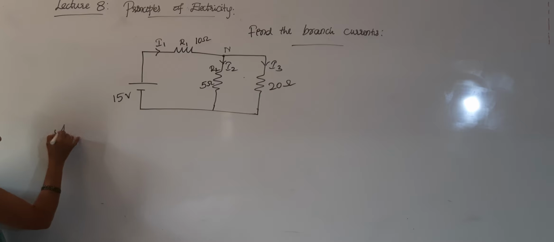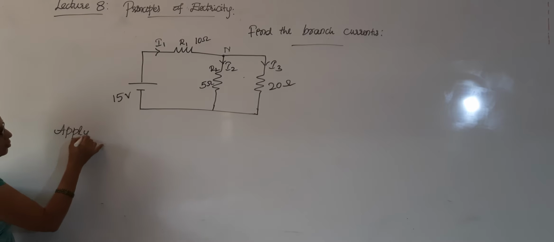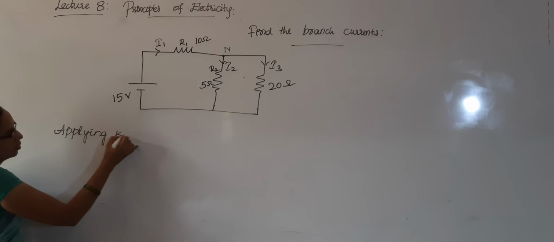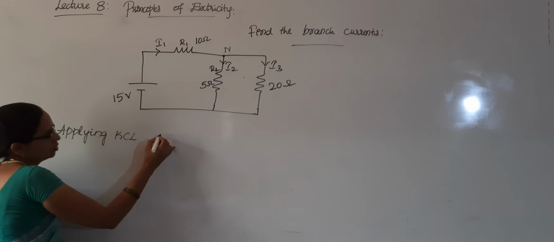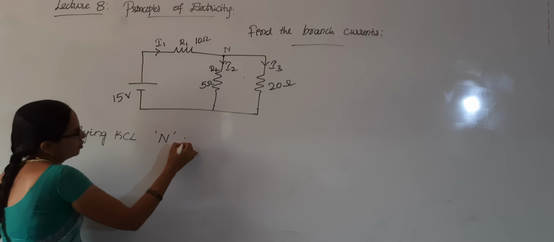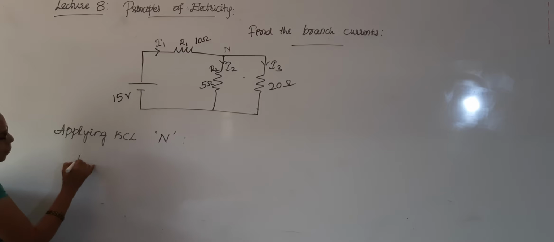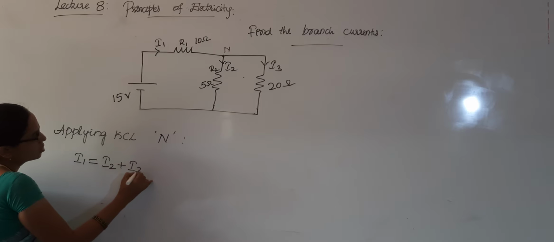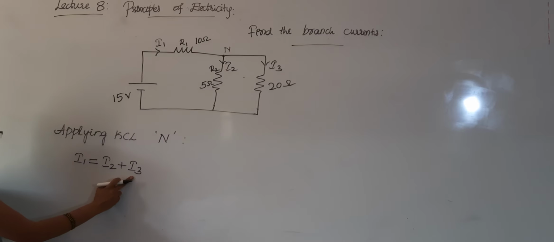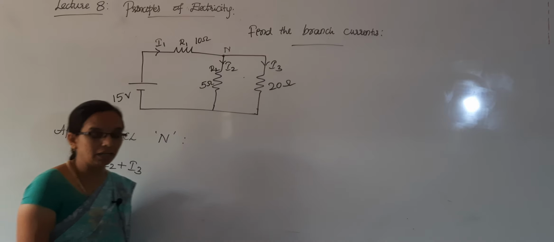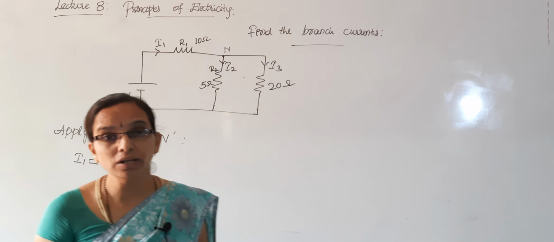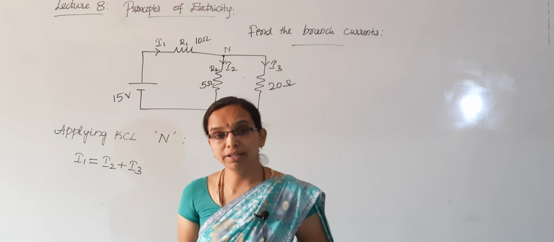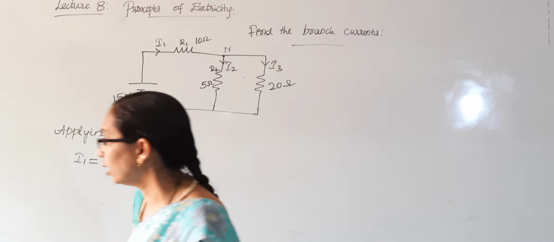First, applying KCL to the node N, what happens? I1 is entering the node and I2 and I3 are leaving the node. So, I1 is equal to I2 plus I3. We don't know the values of the currents flowing in this circuit. We have to find out I1, I2 and I3.